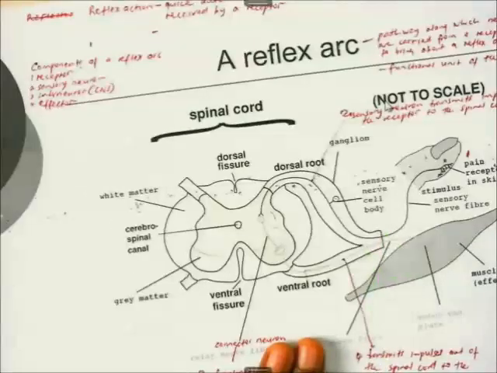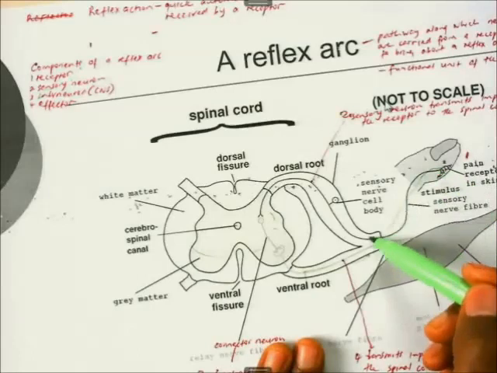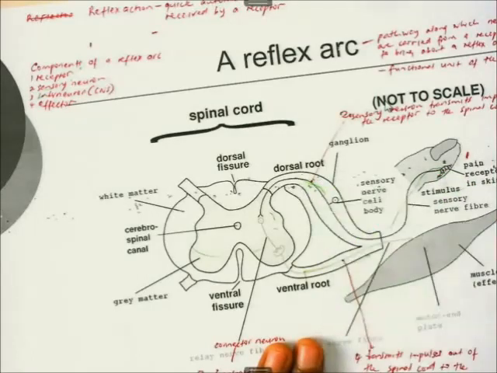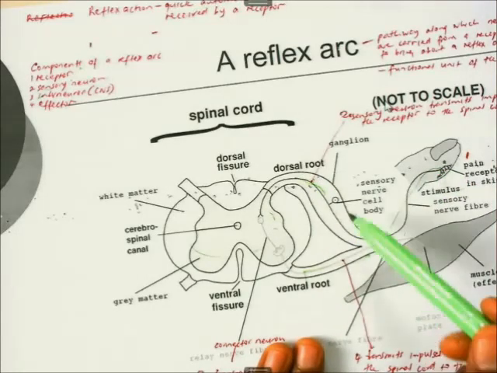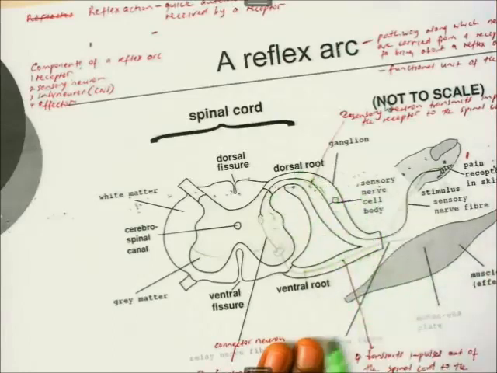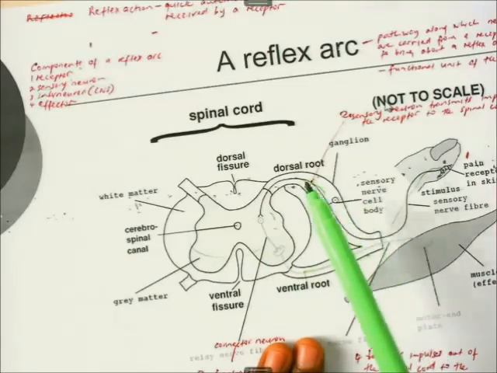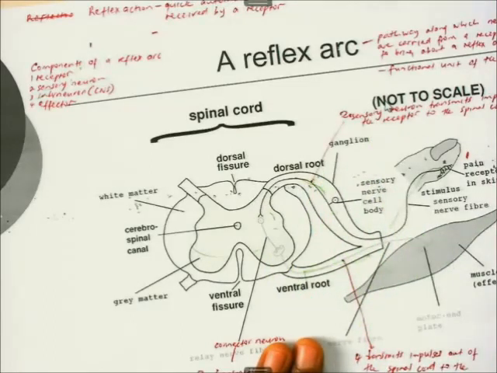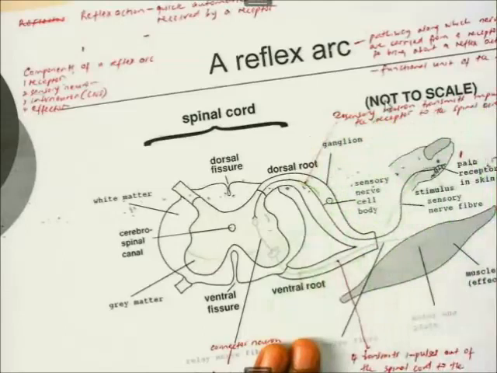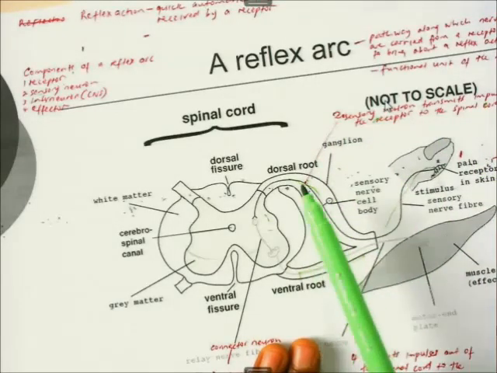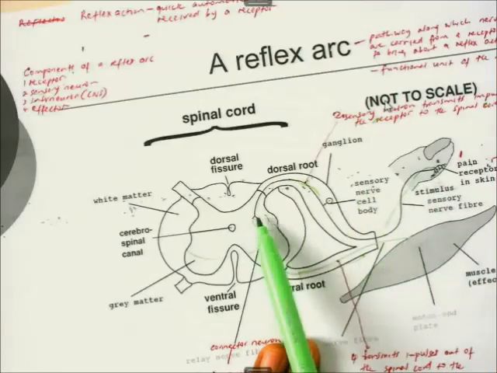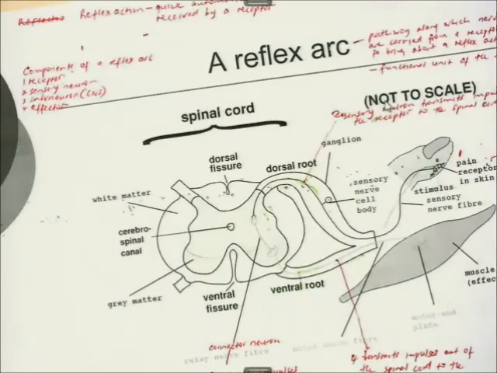And then from there, the impulse will be carried by a neuron, which enters the dorsal root of the spinal cord, called a sensory neuron. So the sensory neuron will transmit impulses from where? From the receptor to where? To your spinal cord. So in the spinal cord, there is an interneuron.